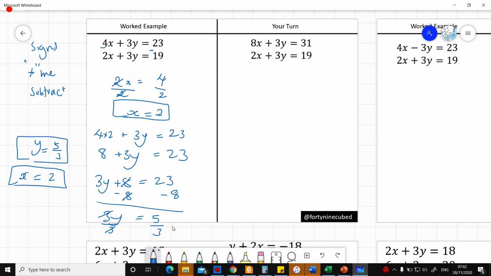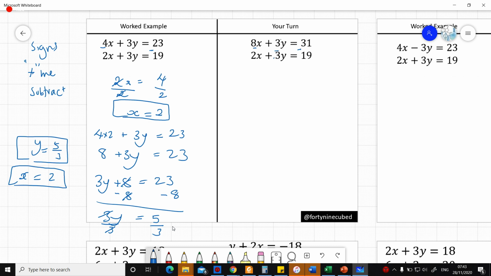Let's see if we can apply the same steps to this question here. Again, we are looking for 2 variables that are the same. 3y and 3y are the same, therefore if signs are plus, we subtract. In your head, signs are plus, we subtract.